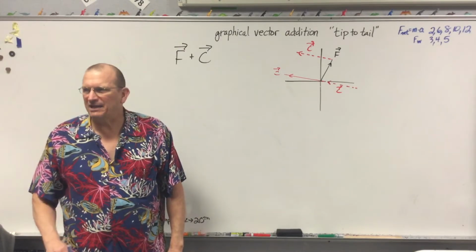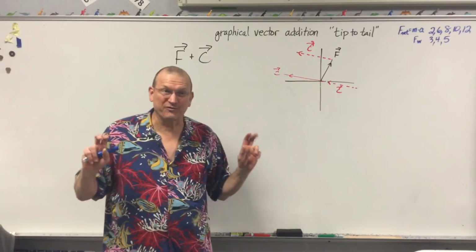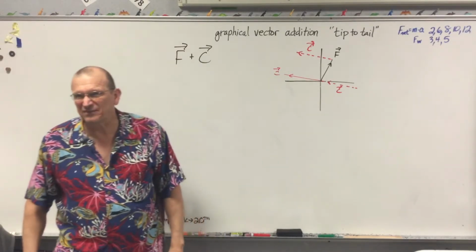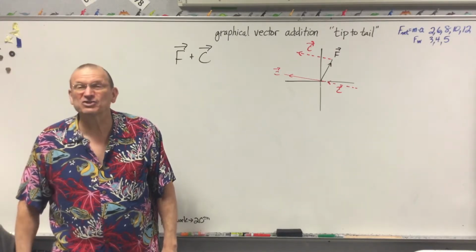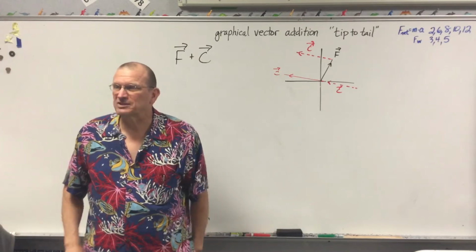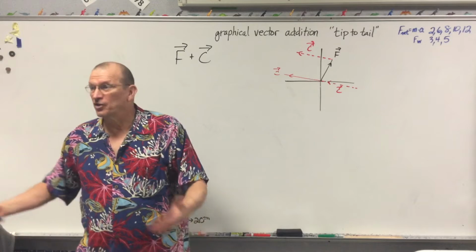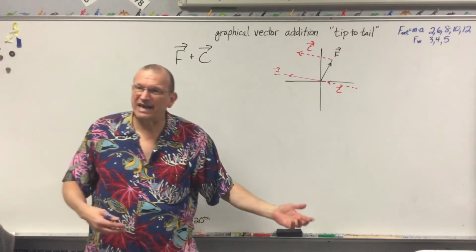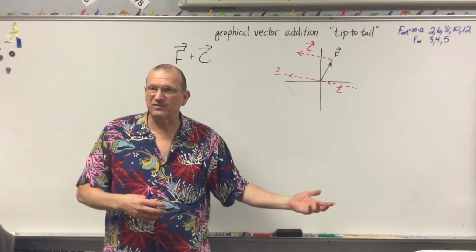Does anybody know the name? I refer to it as the answer vector, but it has a specific name. The resultant. So in regular mathematics, when someone says, add these four numbers together, what do you call the answer? The sum. When you're doing that with vectors, the answer is referred to as the resultant vector.